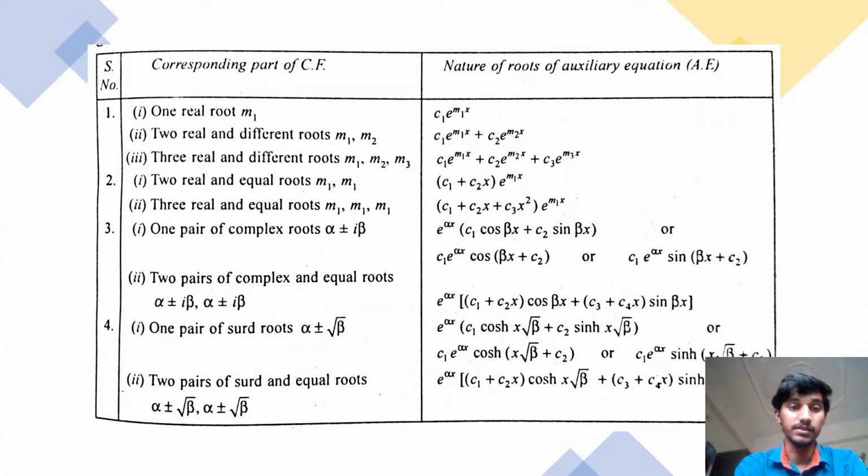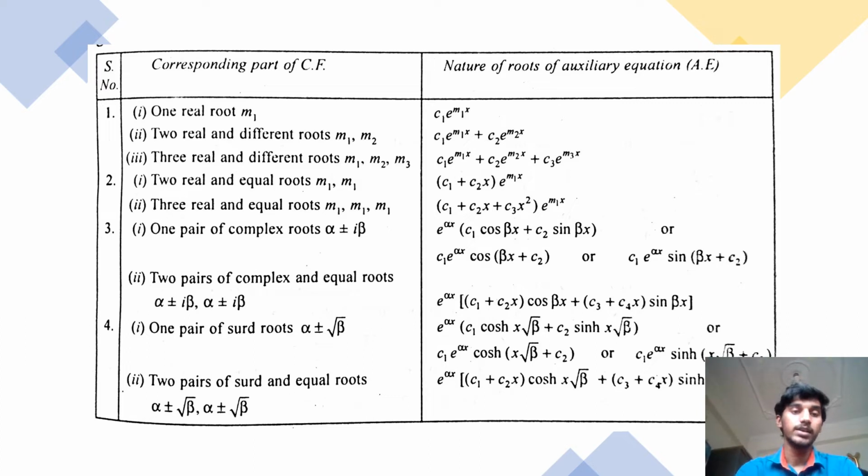If three roots are real and different, m1, m2 and m3, then c1 e to the power of m1 x plus c2 e to the power of m2 x plus c3 e to the power of m3 x.